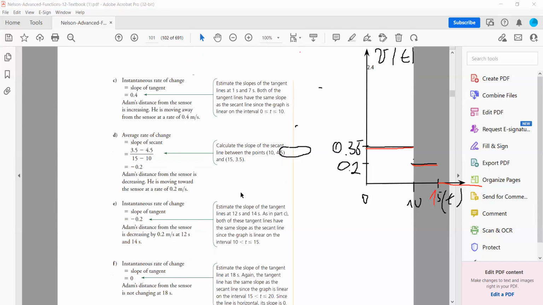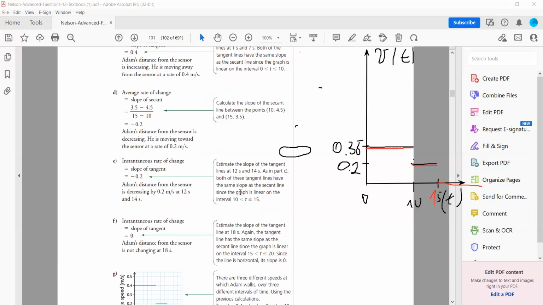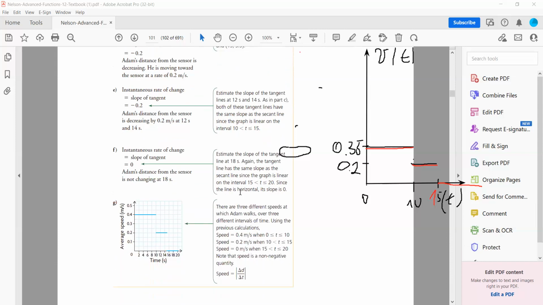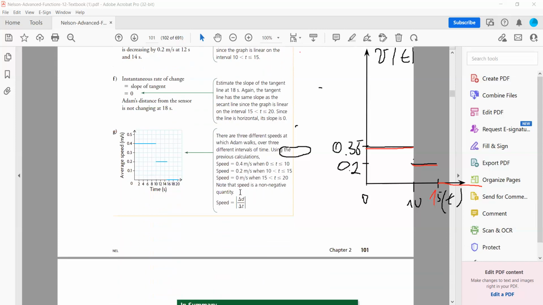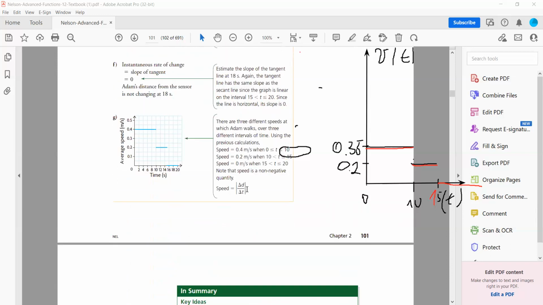Is there any questions about this particular example? Speed is non-negative quantity, important to notice.